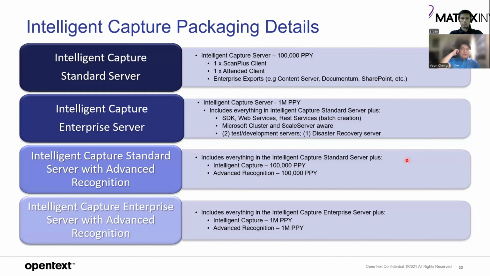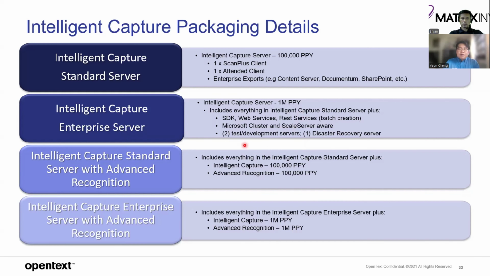So here's the package and what it consists of. In the basic features, we come with 100K pages per year with one scan and attended client, followed by the extended enterprise export, where we export it to our own content server or even other CMS support systems like SharePoint, etc. The enterprise server includes the standard, but right now it also has the mobile SDK and the web services you can leverage for real time, as well as the web clients.